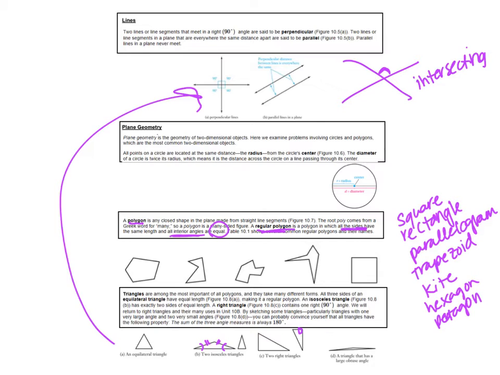And then there's one that you probably didn't look into too much: an obtuse triangle. An obtuse triangle is one where we have at least one angle that is obtuse, between 90 and 180 degrees. So we've got lots of different types of triangles.